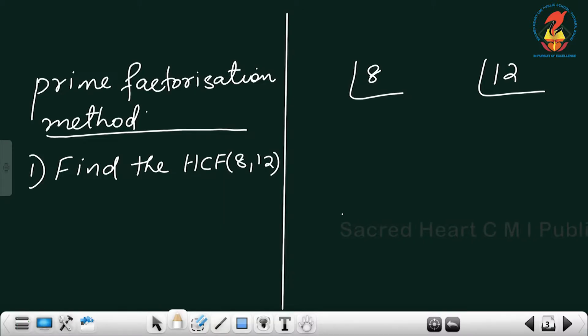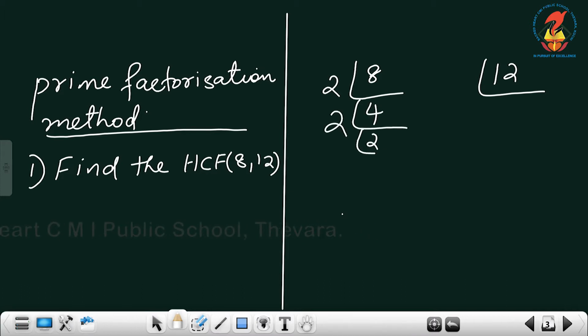Find the HCF of 8 and 12. We are going to find the HCF using the prime factorization. So for 8, the least number which you can divide by is 2. So 4, again 2, 2 2s are 4, 2, 1. So we can write 8 as 2 into 2 into 2.